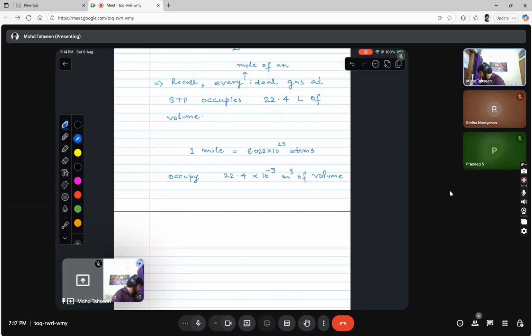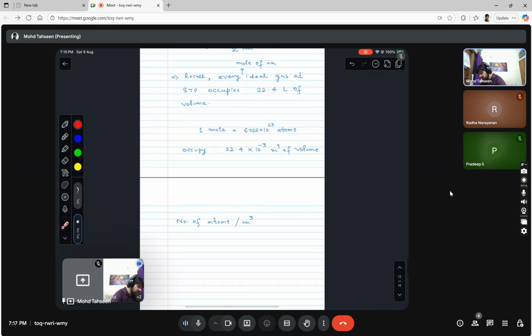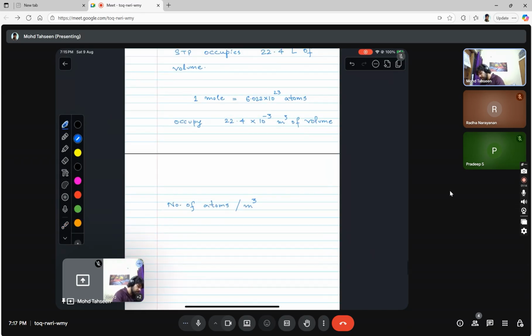Now, what are the number of atoms per meter cube? That's what we need, right? Because this NV means number of atoms or number of particles per unit volume, and that's what we are calculating here. In the argon gas, what are the number of atoms per meter cube? And we can get it from this relation.